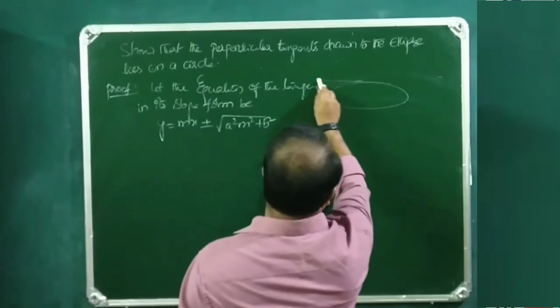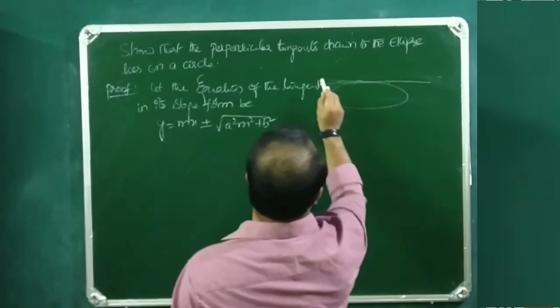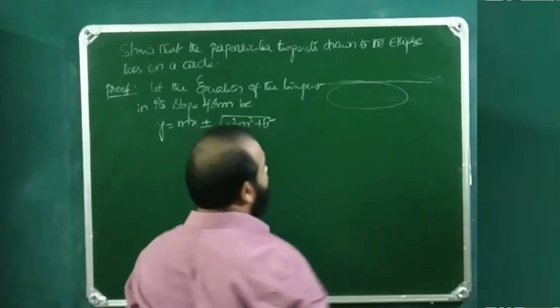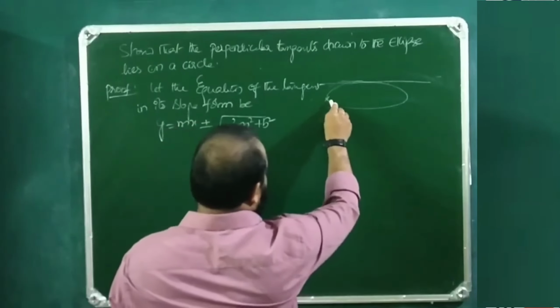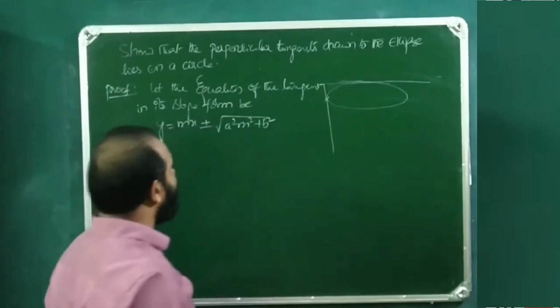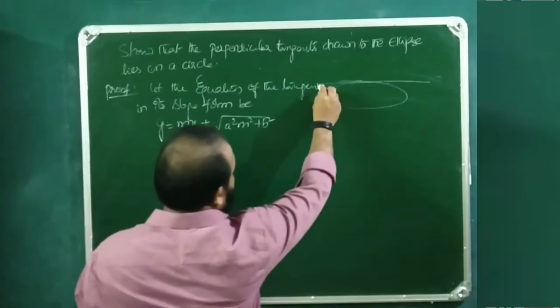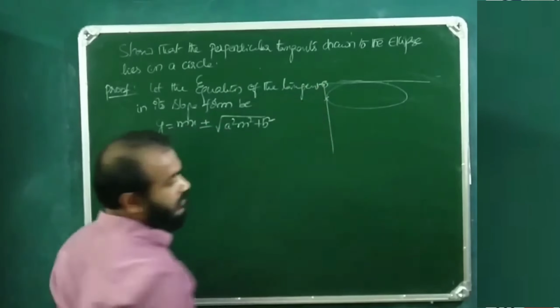So I'm talking about this tangent, and at this point this is the tangent. The point of intersection of these two tangents is this.